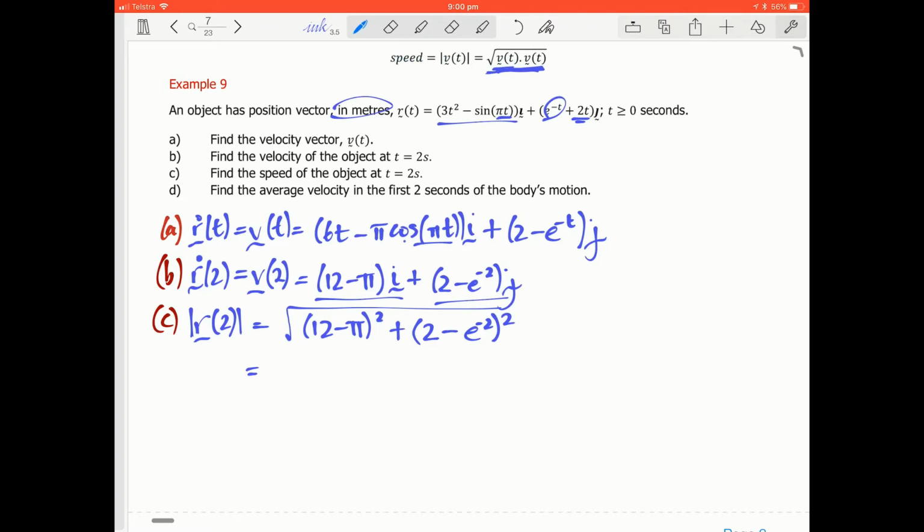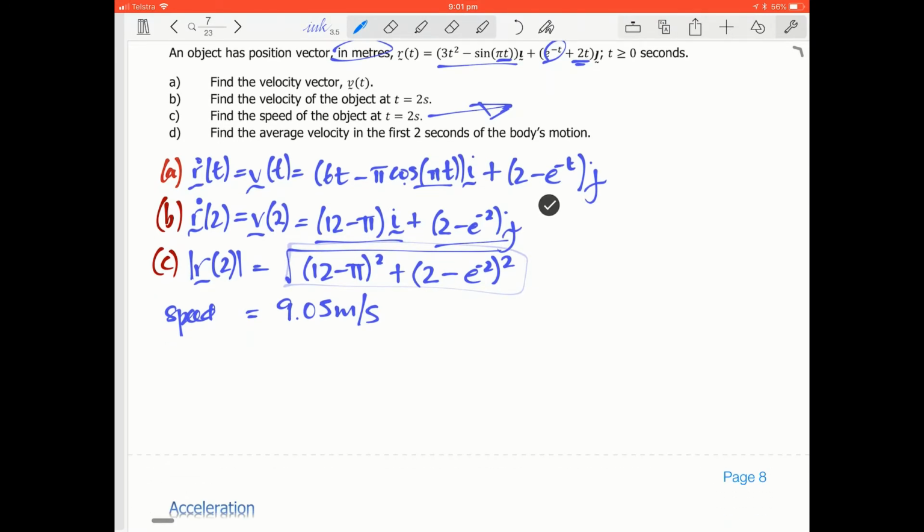And it's in meters and seconds, so 9.05 meters per second. It should have stated 2 decimal places or something. If it hasn't, then that would be our speed.